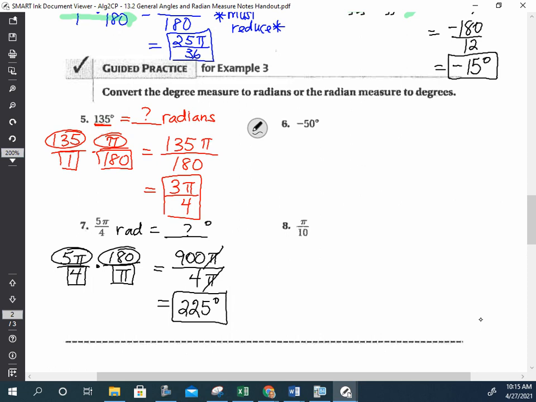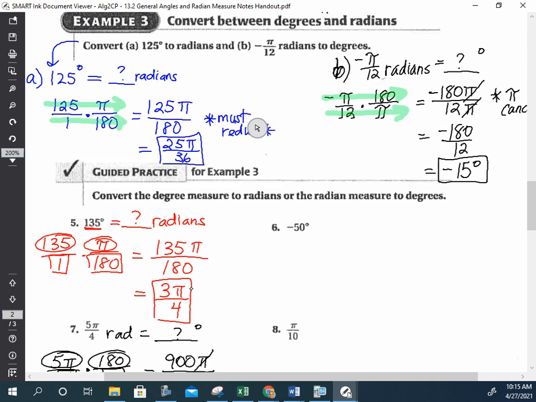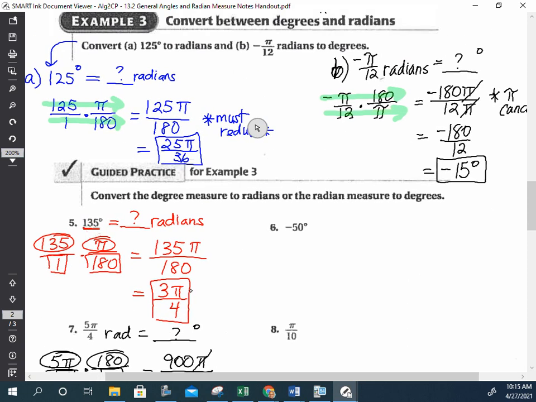So again, ladies and gentlemen, they're not difficult problems. They're just problems that require a little bit of work. Any questions on going from radians to degrees?